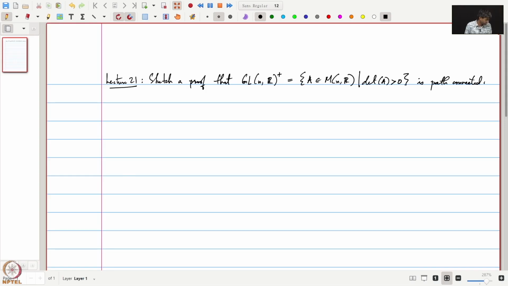Okay, so let us denote G by this GL_n(R)^+. Okay, so we will do this.